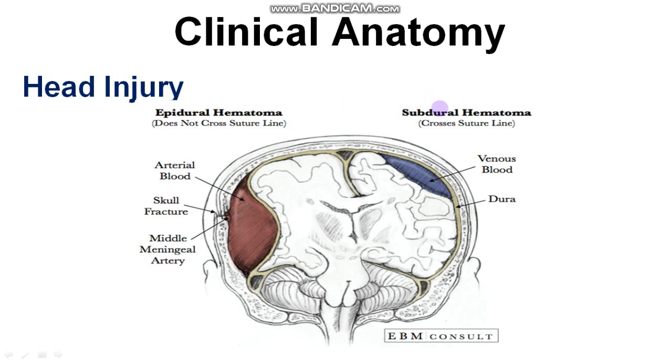Whereas in subdural hematoma, the collection is of venous blood in the subdural space. So this is venous in nature. The blood collected is venous blood.